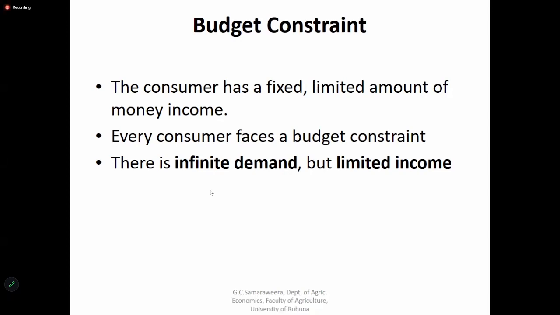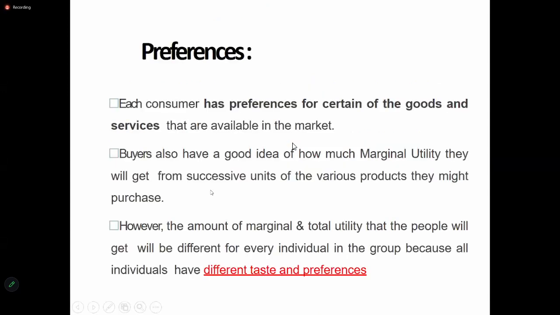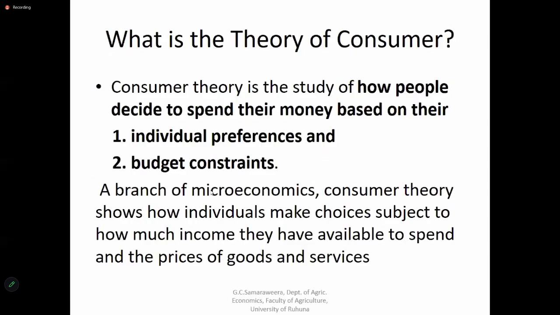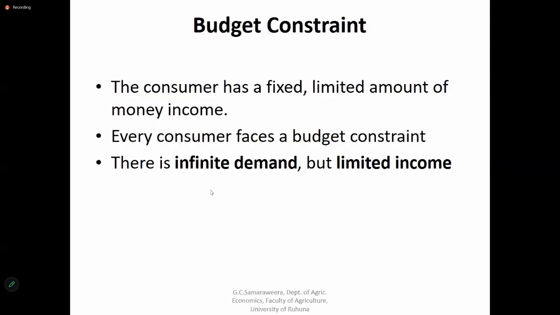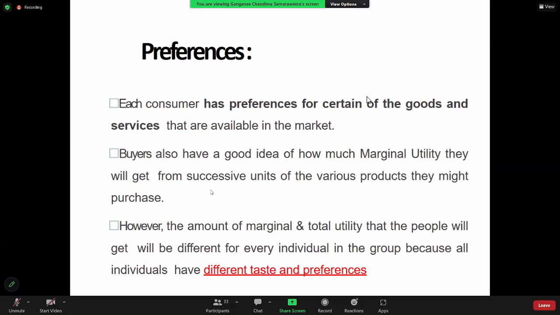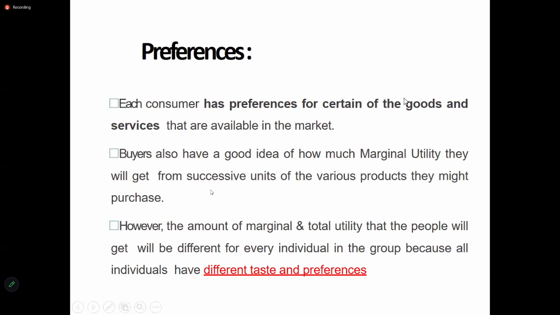Okay. So here you can see preferences. Now these two terms we have to discuss in consumer theory: individual preferences and budget constraints. Okay. So individual preferences, now we are learning. Each consumer has preferences. Let's say here you have nearly 40 students, so all students have different preferences. This preference may differ based on which types of goods and services are available in the market and which you prefer.